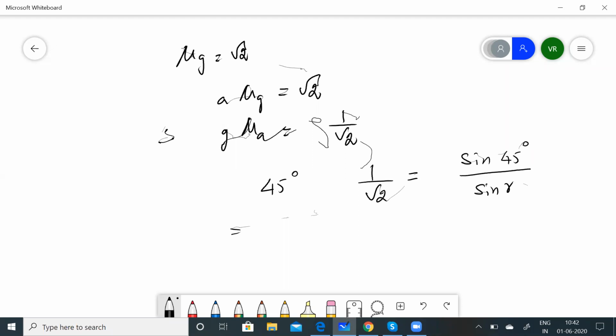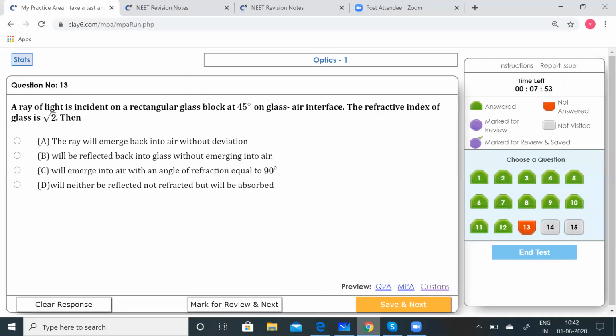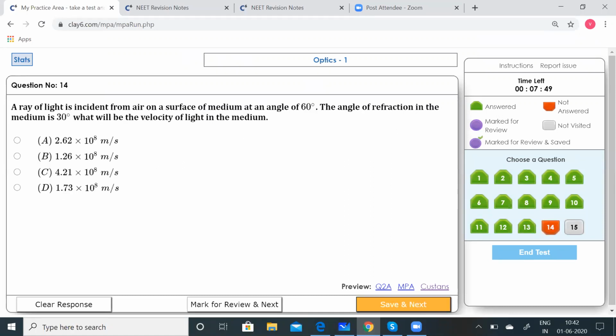So 1 by root 2 is equal to 1 by root 2 divided by sine r. Or from this we get sine r is equal to root 2 by root 2, and root 2 will get cancelled. So you get it as 1. When is sine 1? When r is equal to 90 degrees. So this says r is equal to 90 degrees. Let's see which option is correct. C is correct. All right.